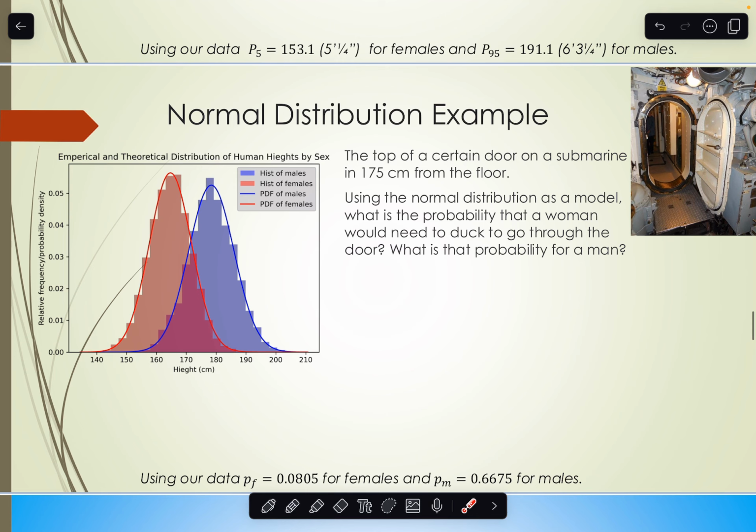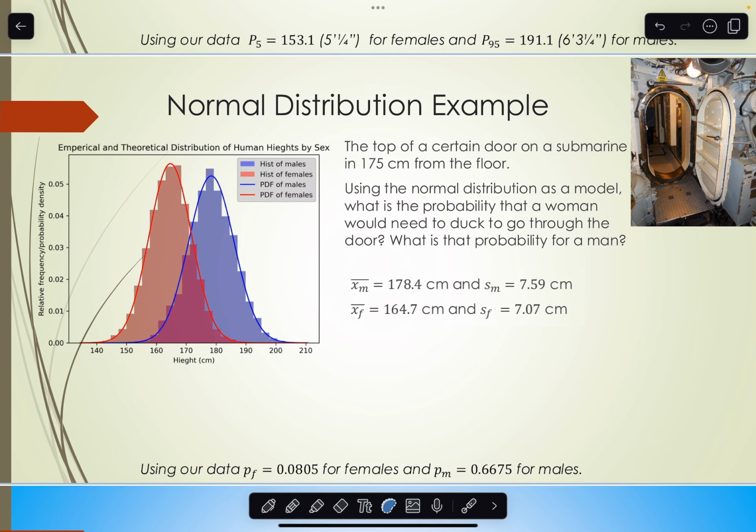Here's an example of the normal distribution. The top of a certain door on a submarine is 175 centimeters from the floor. Using the normal distribution model, we've got data to estimate the mean and standard deviations of our populations.